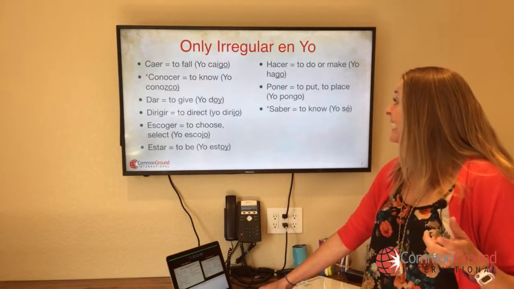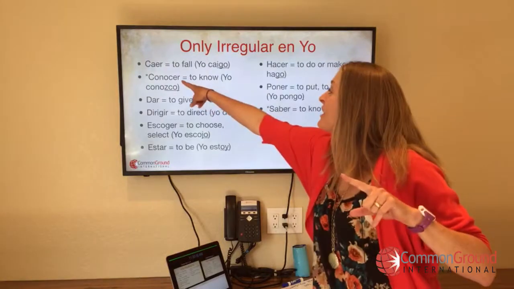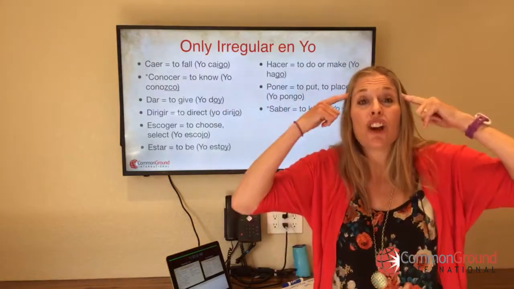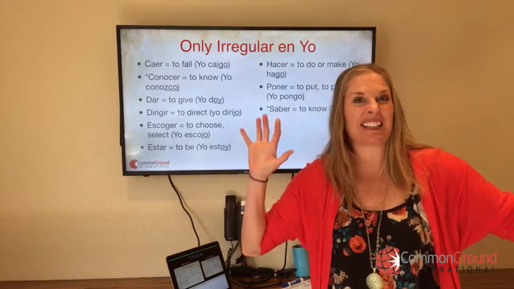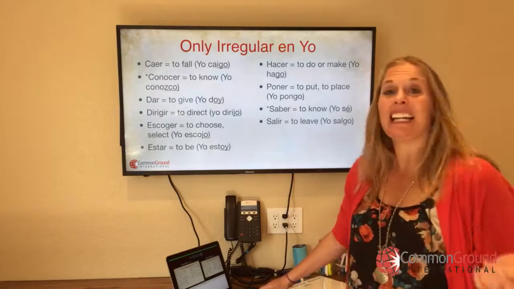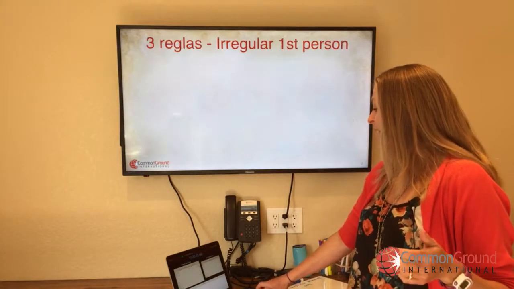Okay, saber, to know, yo sé. Noten que conocer y saber, dos verbos que significan to know, but they have different uses. That's a time for another lección, okay? Salir, to leave, yo salgo. Traer, to bring, yo traigo, okay?